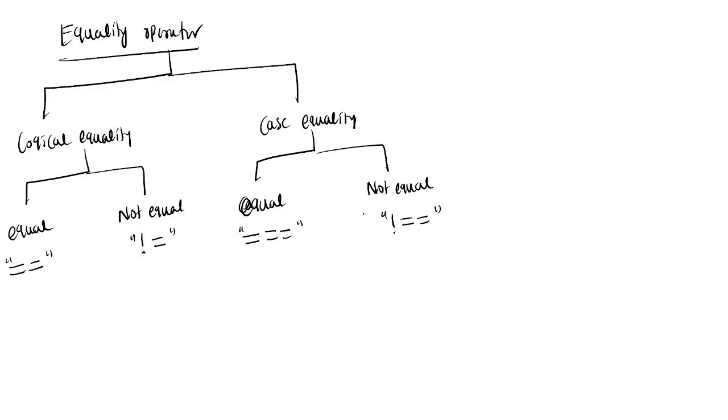Suppose we take one example. A equal to 3 tick binary xx1 and B equal to 3 tick binary 0 1 1.